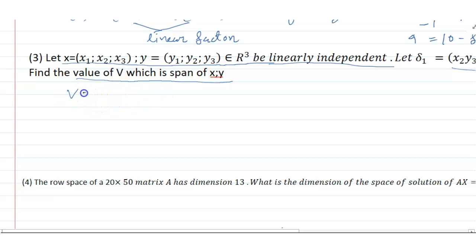Let V equal (u, v, w). As it is the span of x comma y, you can write (u, v, w) in terms of (x1, x2, x3) and (y1, y2, y3).